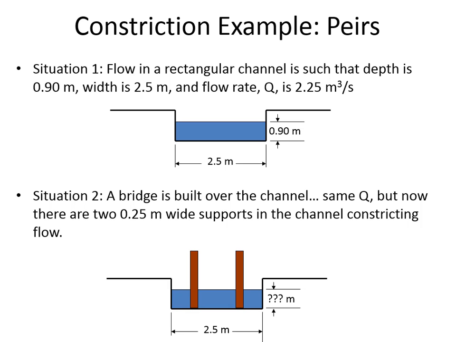We're going to say that the energy at 1 and the energy at 2 are equal, and therefore y1 plus v1 squared divided by 2g is equaling y2 plus v2 squared divided by 2g. Since we have a rectangular channel, we know that the flow per unit width is going to be upstream, before the constriction.